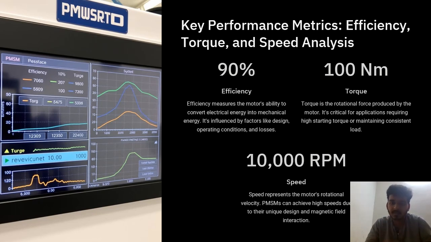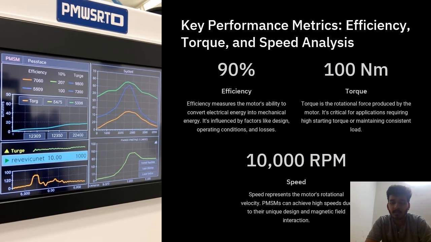Torque is measured in Newton meters. If we take 100 Newton meters, torque is the rotational force produced by the motor. It is critical for applications requiring high starting torque and maintaining consistent load. If the load is greater than the resistive load, the motor may be damaged.